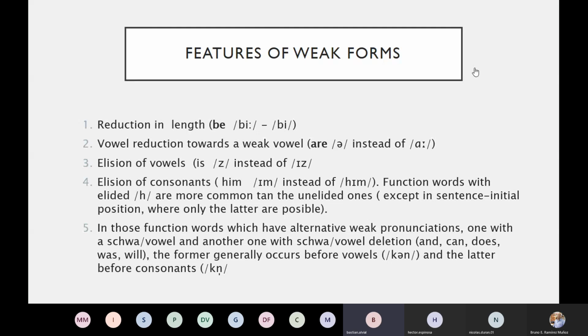Function words with a light H are more common than the unaligned ones, except in sentence initial position, where only the full form is possible. In those function words which have alternative weak pronunciations, one with a schwa vowel and another with schwa vowel deletion, such as and, can, does, was, will, the former generally occurs before vowels, and the latter before consonants. I don't know how to say that.